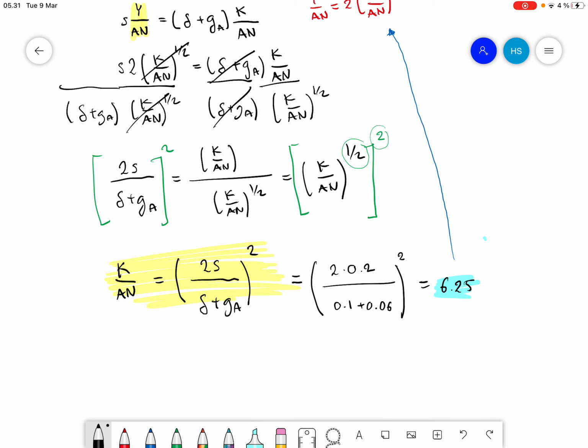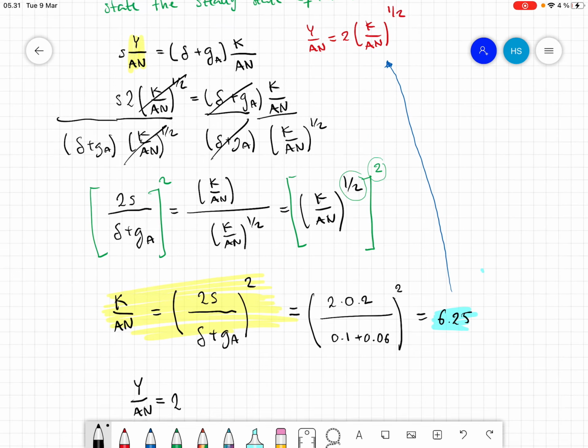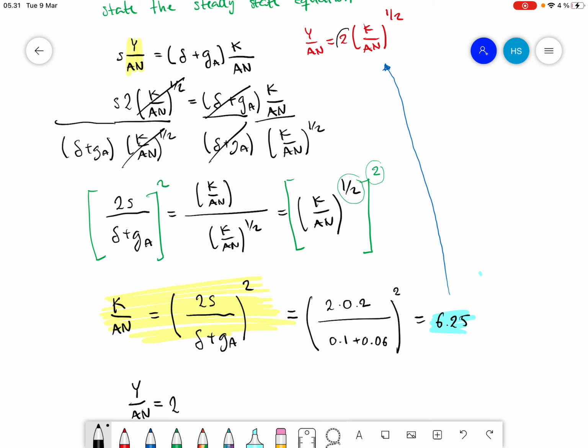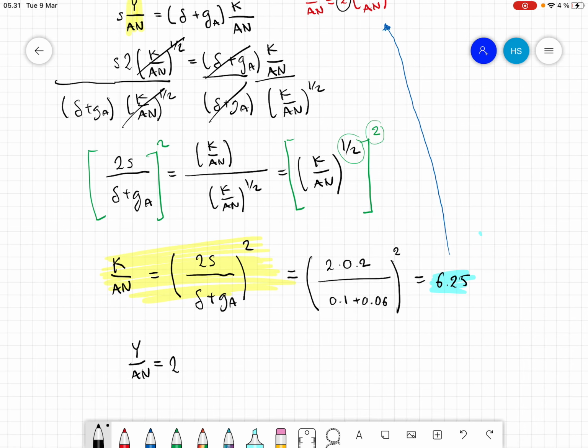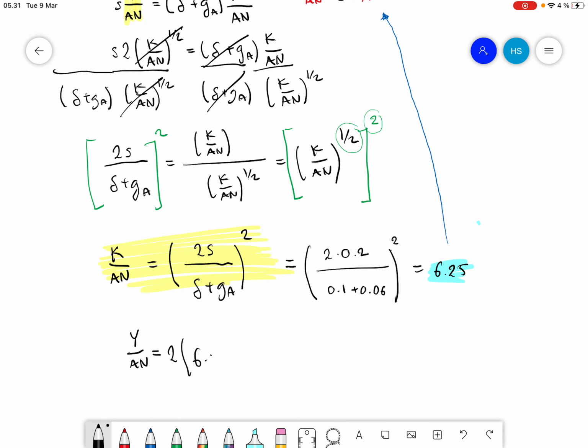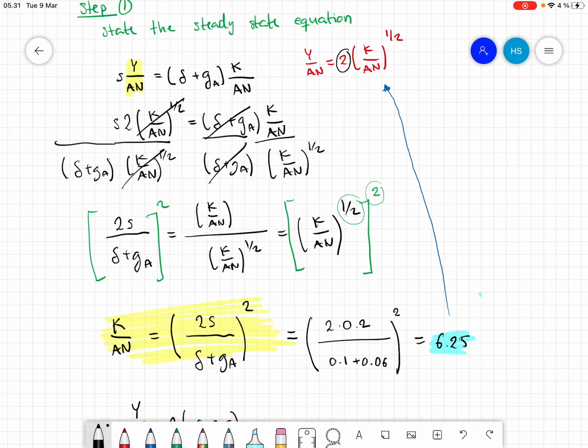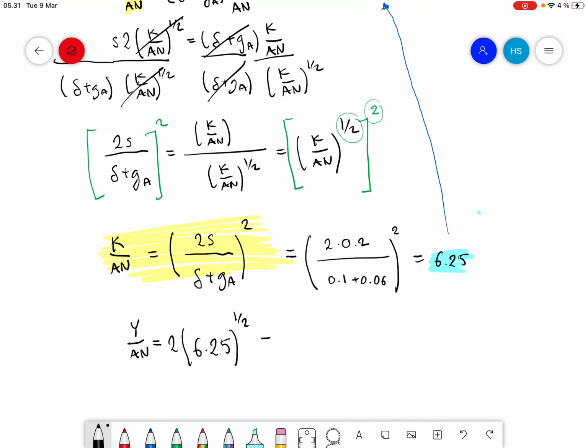So if we do so, we get y over an should be equal to 2, we have the 2 here, parenthesis 6.25 to the power of 1/2. And we get that the output per effective worker is equal to 5.